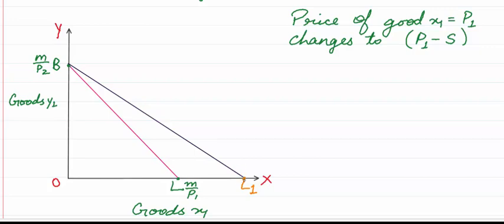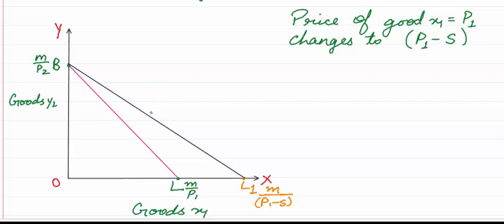At point L1 on the x-axis, the intercept will be given by M by the price of X1, which has changed from P1 to P1 minus S. So in this way, the intercept on the x-axis has changed, remaining the same at the y-axis, because neither the income nor the price of the commodity Y1 is changing.